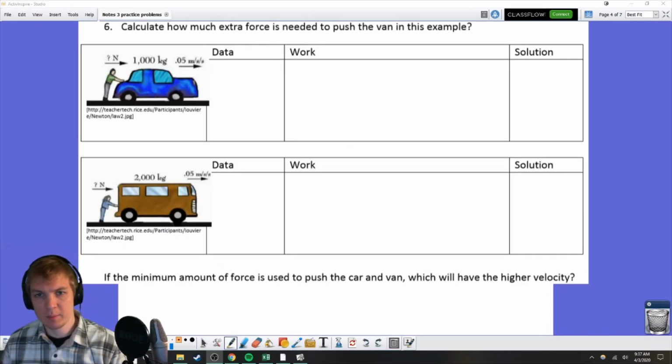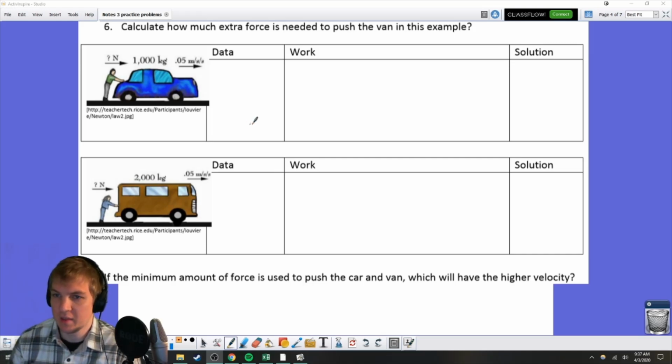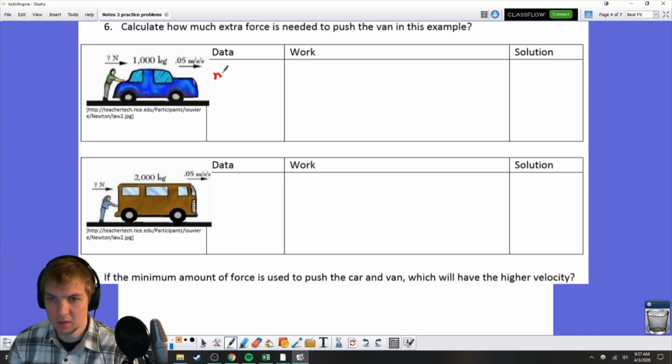Okay, let's move on to number 6, which says calculate how much extra force is needed to push the van in this example. We have a person pushing a car and a person pushing a van, and we know that the car weighs 1,000 kilograms, the van weighs 2,000 kilograms, and we want to accelerate at 0.05 meters per second squared. So we know the mass is 1,000 kilograms, and the acceleration is 0.05 meters per second squared.